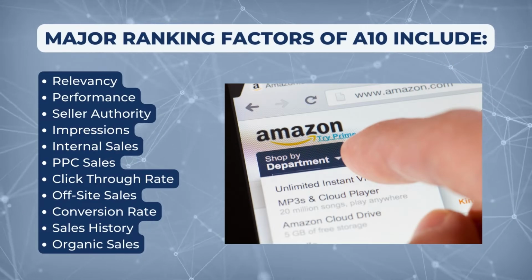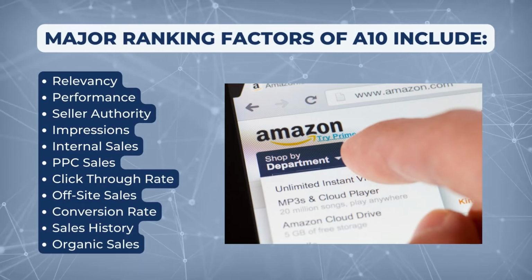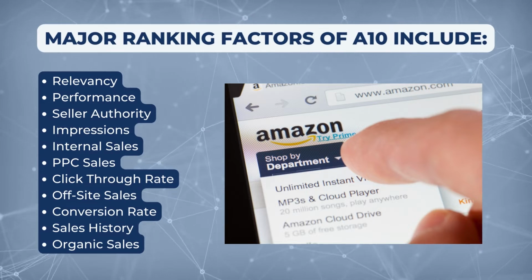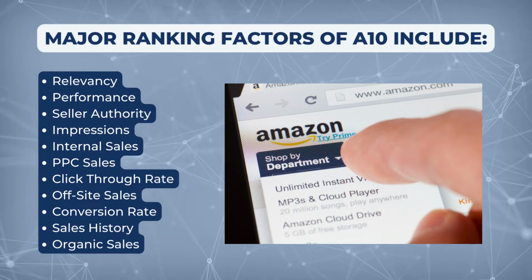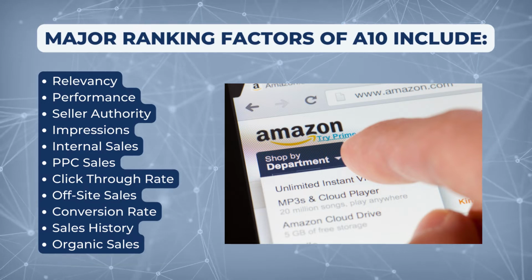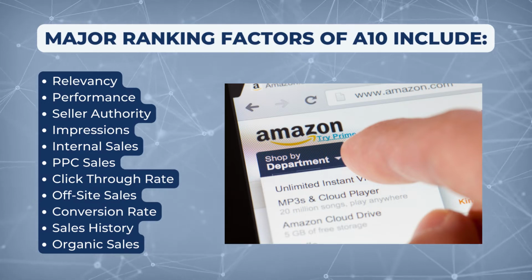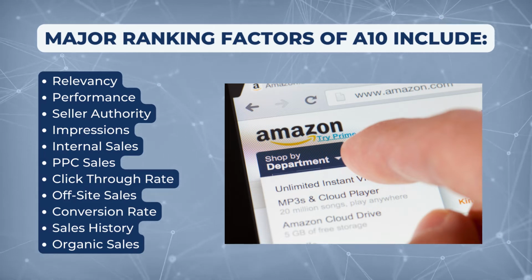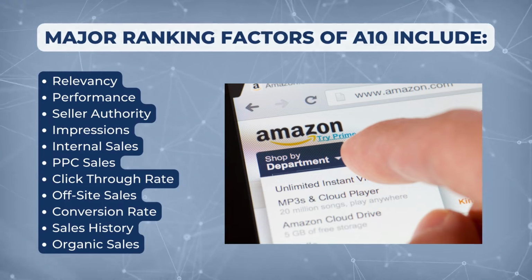Now let us take a look at the major ranking factors influencing Amazon A10 algorithm. Relevancy, performance, seller authority, impressions, internal sales, PPC sales, click-through rate, off-site sales, conversion rate, sales history, organic sales.